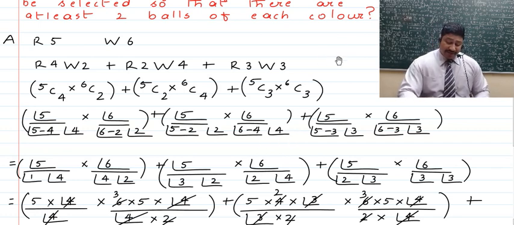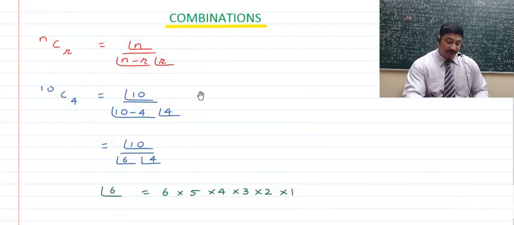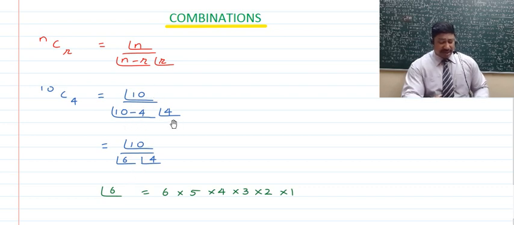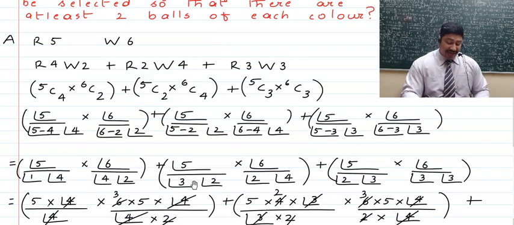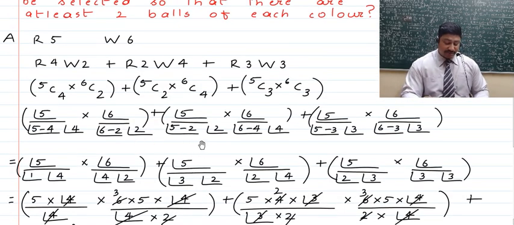Then after this, children, we will calculate each of these combination expressions like we discussed earlier. Whenever we talk about nCr, it's going to be n factorial upon n minus r factorial times r factorial. That is 10C4 is just the same as factorial 10 divided by 10 minus 4 factorial, that is 6 factorial times 4 factorial, right? So here we've calculated all of this in a similar way.